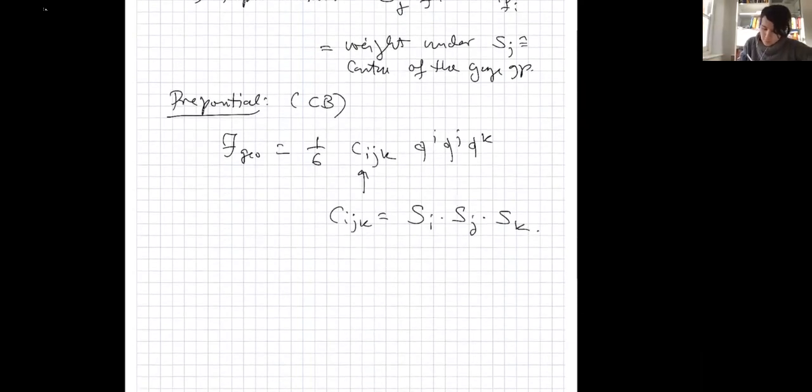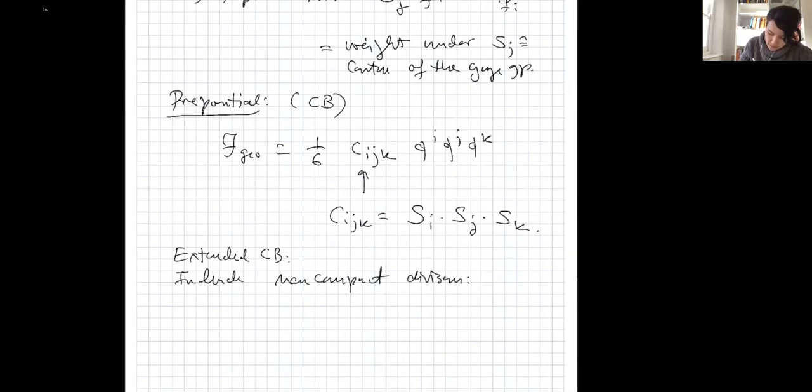And we can also get the extended Coulomb branch, where we include non-compact divisors. For compact divisors, the volume of these is proportional to 1/g². So as we take this to 0, we go to strong coupling. So this is going to the UV fixed point.